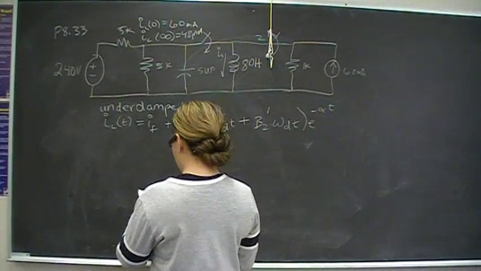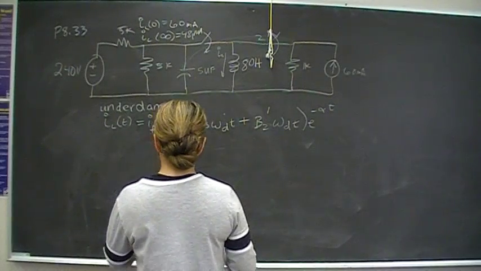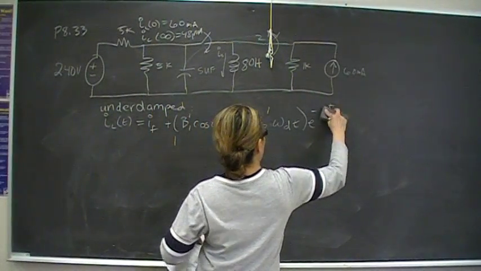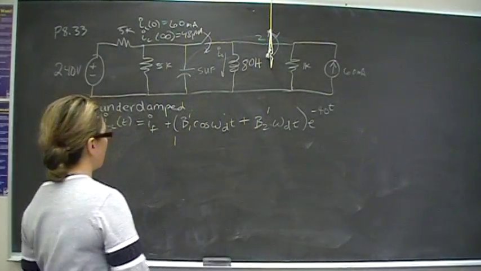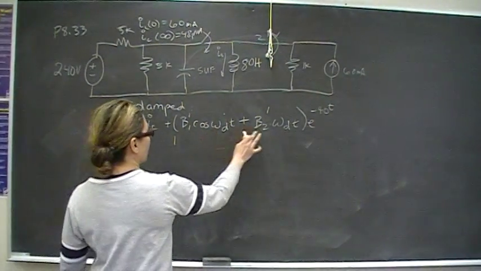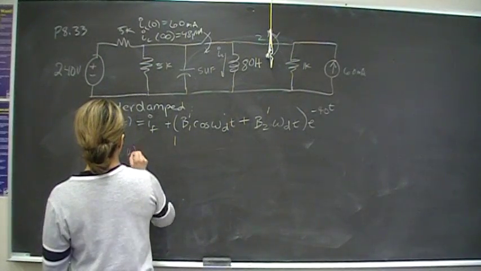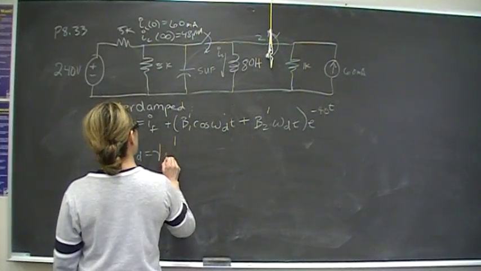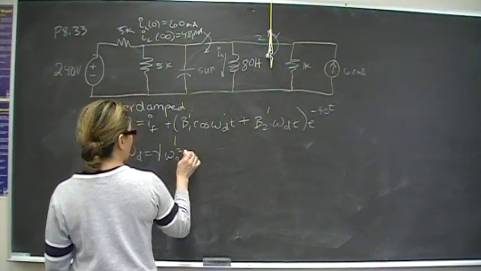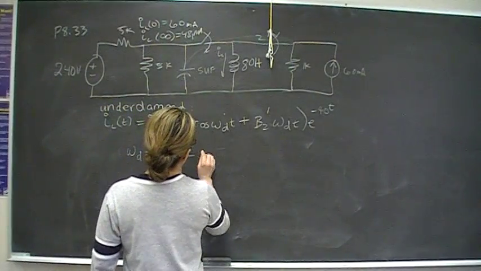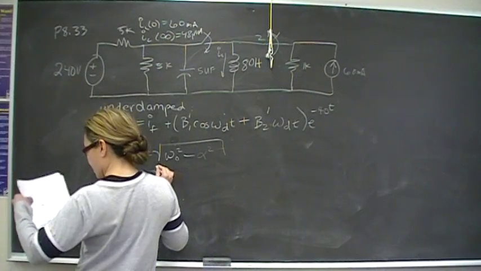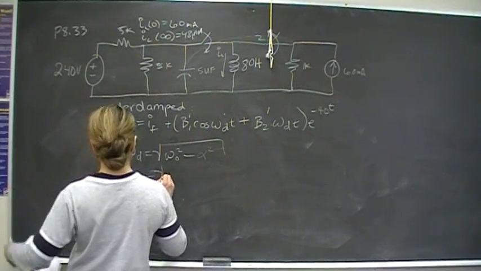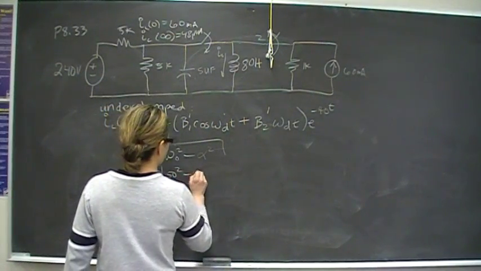We calculated alpha to find the damping, and alpha was 40. So that part is done. Is there anything else we need? We need omega d. So omega d is the square root of omega naught squared minus alpha squared. So that is going to be omega naught was 50, 50 squared minus 40 squared.